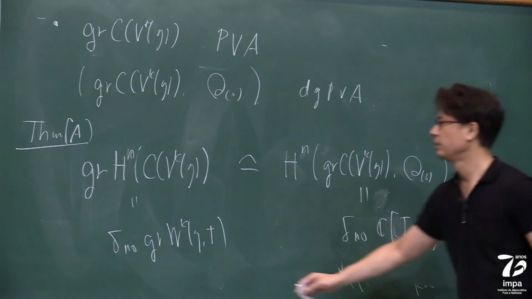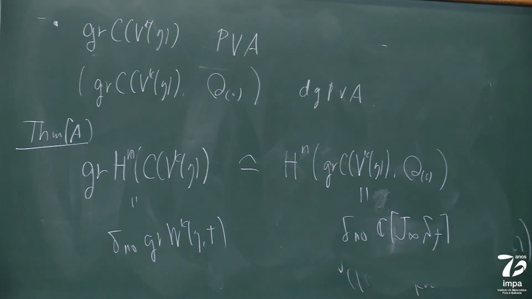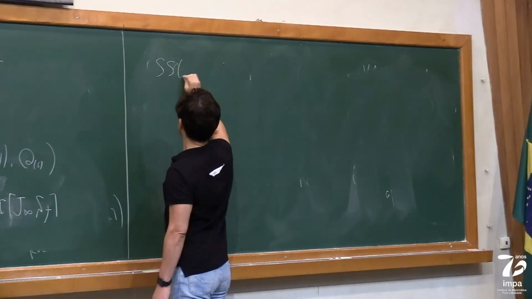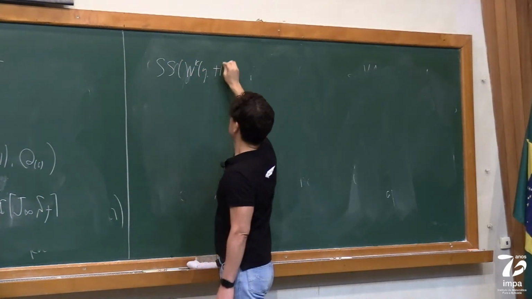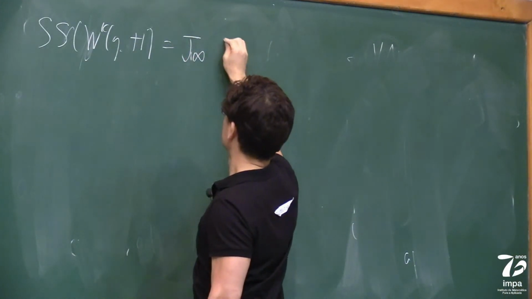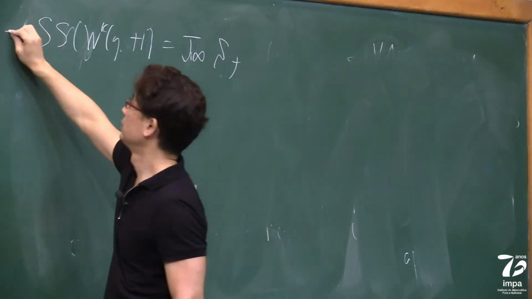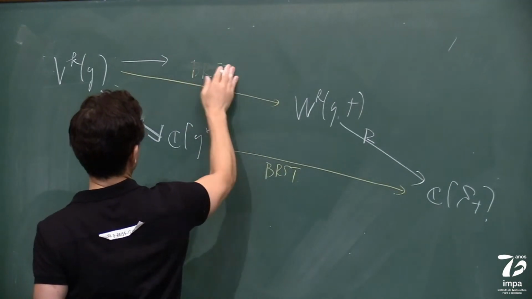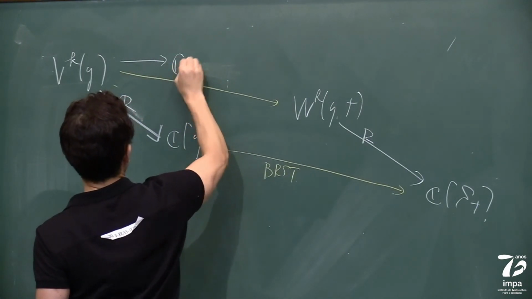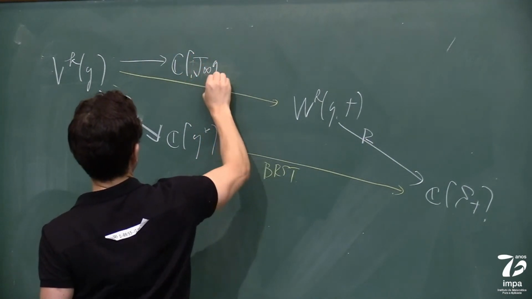So this means that the singular support of the double algebra is exactly the infinite jet scheme of the slot slice. So here again, I have a function on the jets.